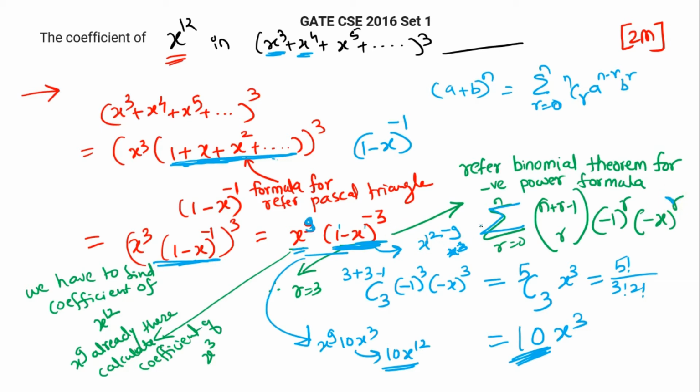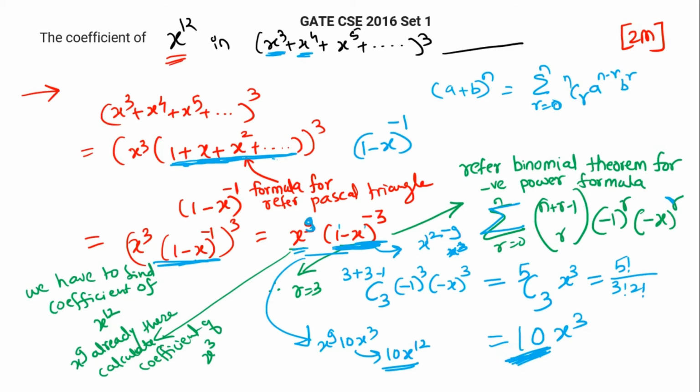Instead of solving all of this, we just place the value of r as 3 and find the term. We get 5 combination 3 into x cube. So the coefficient of x to the power 3 is 5 factorial divided by 3 factorial into 2 factorial, that is 10. So whatever coefficient you have for this x cube will be your answer, that is 10.